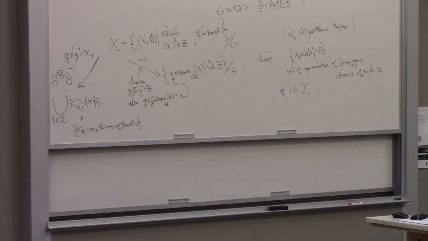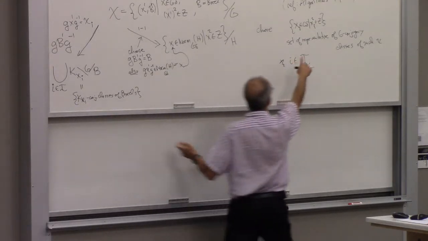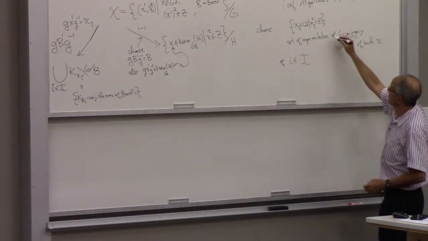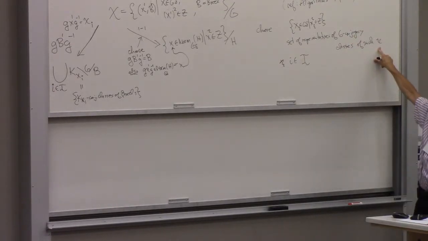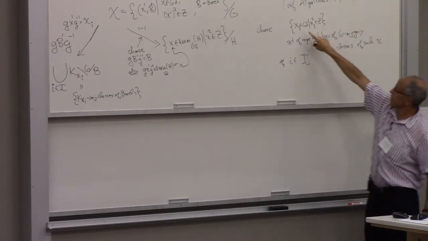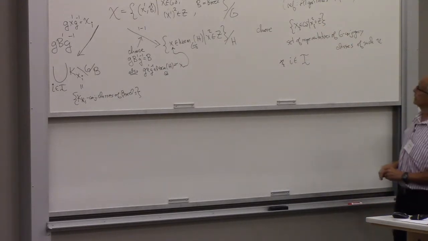Sorry, I don't understand what you say under the new set. Choose a set of representatives of the G conjugacy classes of these x's, these x's whose square is central.